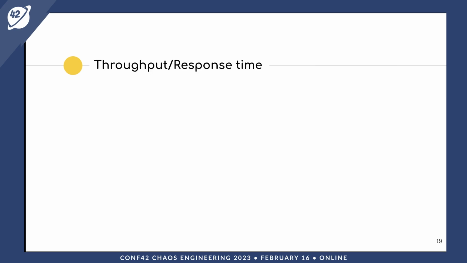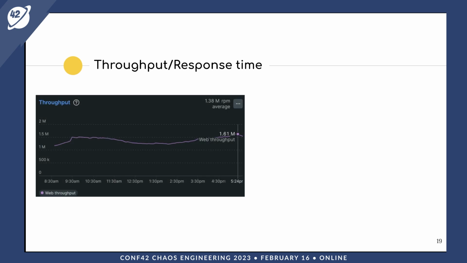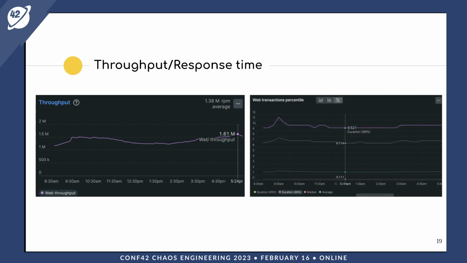Yeah, so this brings us to the last section of the talk, basically how the throughput and response times look right now. This is one of the screenshots I took while making this slide at a particular time. If you see, the throughput is reaching up to 1.61 million RPM. And if you see the 99th percentile, it is pretty efficient, 9.52 ms, right? You see the scale and the response time.